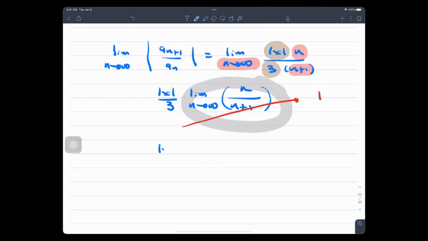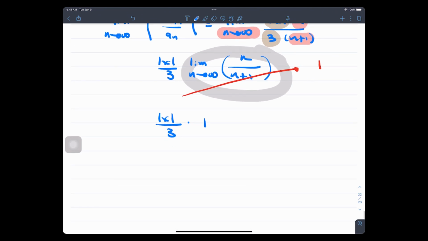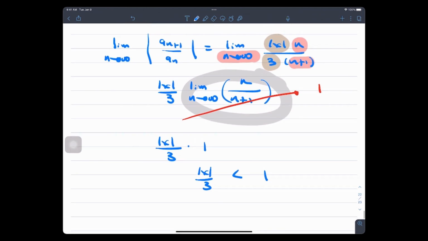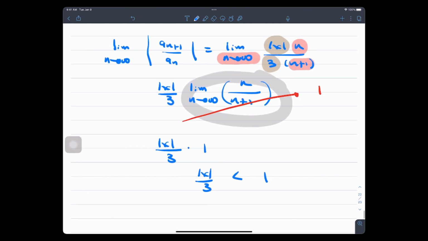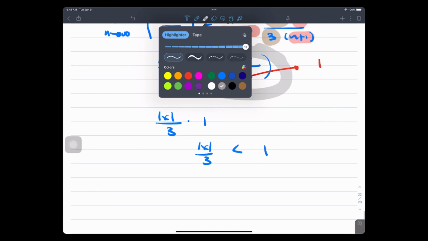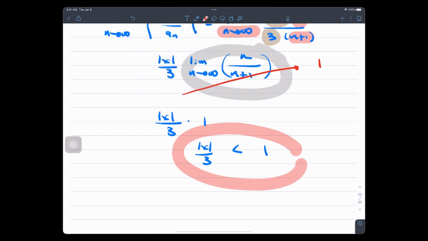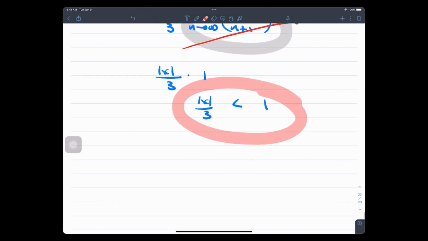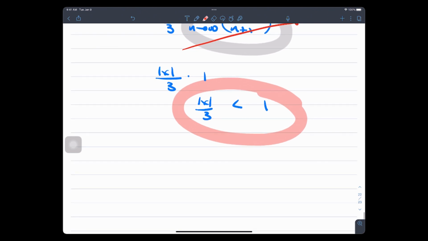Outstanding. So you say, Mr. Judge, is the absolute value of x over 3 times 1, which is the absolute value of x over 3, isn't that less than 1? If it's less than 1, what do you guys know? It has to be smaller than 1 to have what?